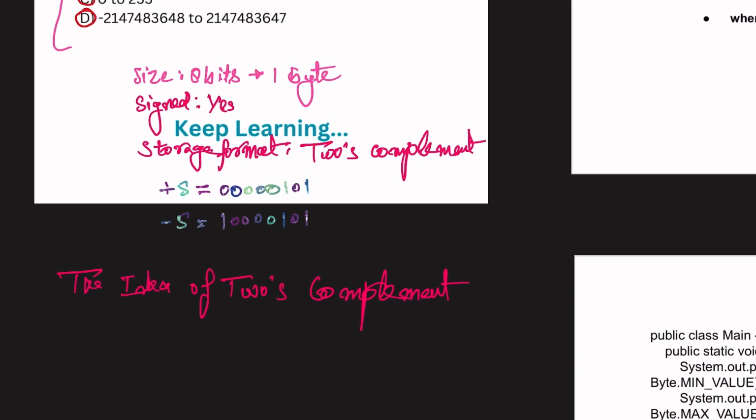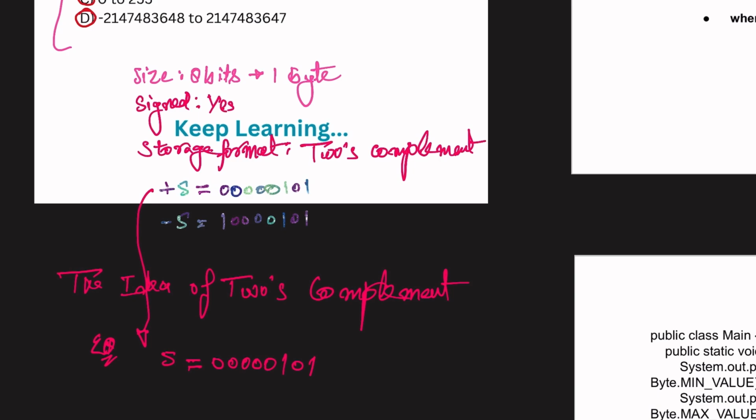The idea of 2's complement is to represent a negative number in binary. How do we do that? Let me take the first one: this is number 5, and in binary 00000101. Take the binary of its absolute value.